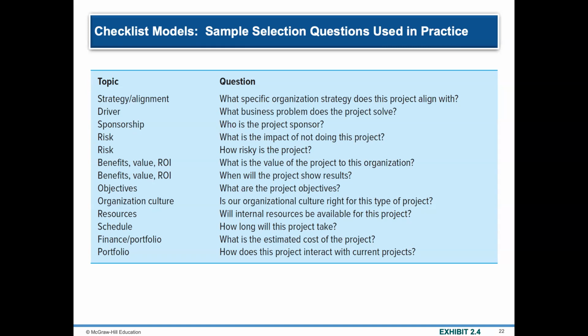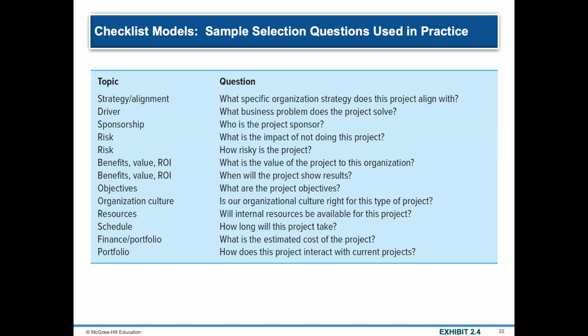When will the project show us results? What are the objectives of the project? Is the project the right fit culturally for the organization? And will there be internal resources that would be needed to implement this project? How long will it take to finish? What is the estimated cost of the project?